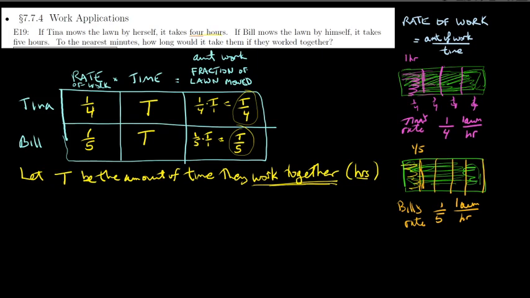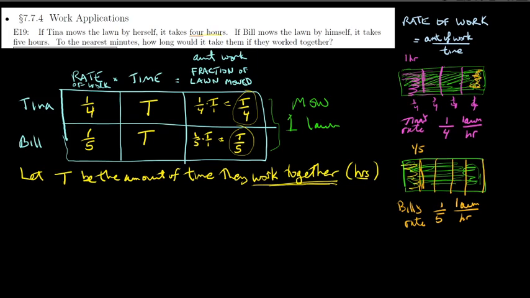Well, together, if they work together, what do they mow? They mow one lawn, right? So I know I'm drawing two different lawns here, but pretend it's the same lawn, right? In this scenario, Tina's just doing everything by herself, and in this scenario, Bill's doing everything by himself. But now suppose they work together, right? So Tina starts over here, does that part of the lawn, and then Bill starts on the other end, mows that part of the lawn.